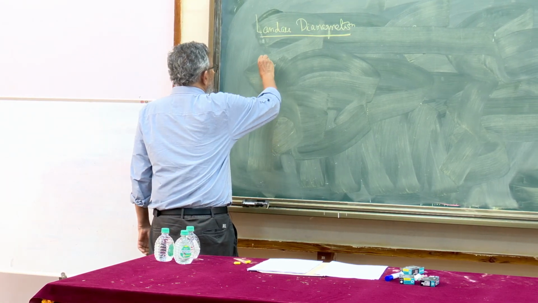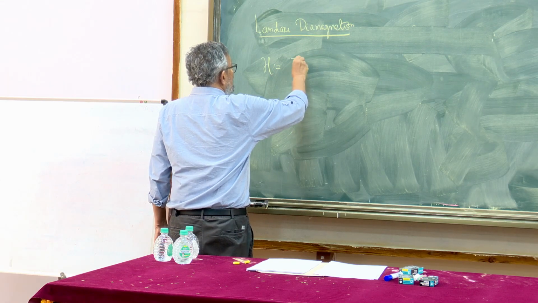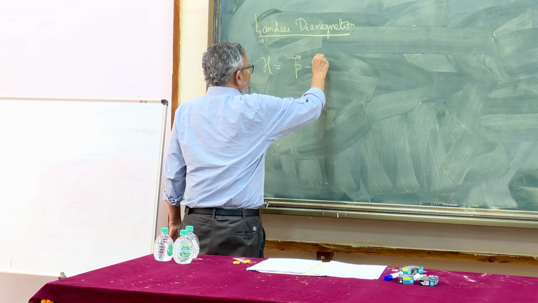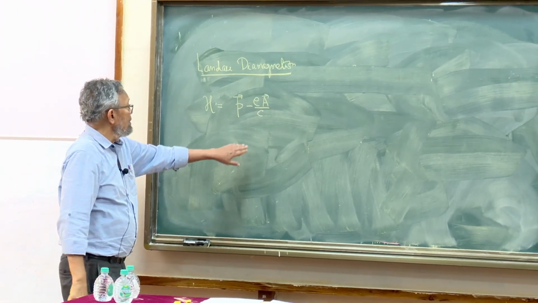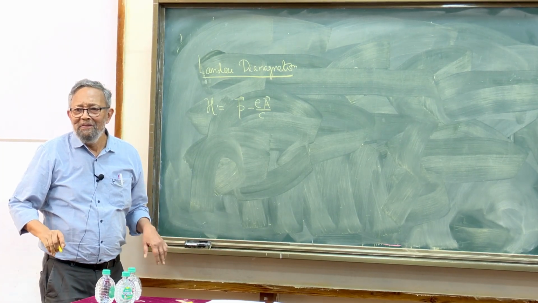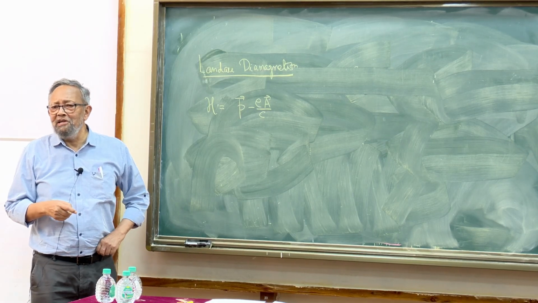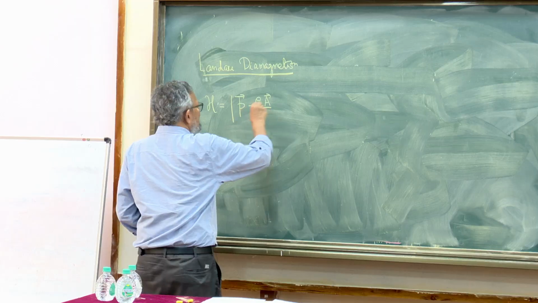So the Hamiltonian is P operator minus some e by c A. I see that this is old fashioned, I mean the c doesn't appear in any book anywhere. When you do SI units, some 4 pi and so on, but whatever it is.